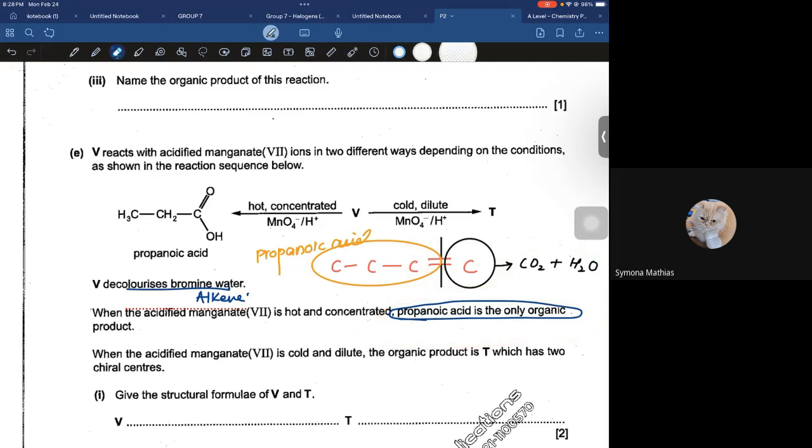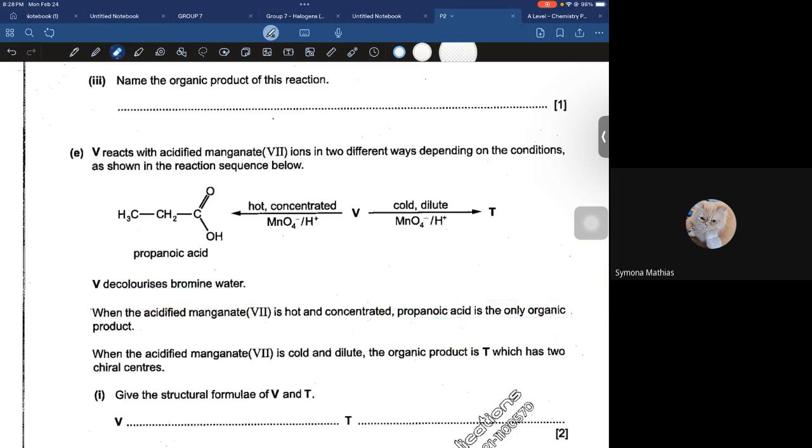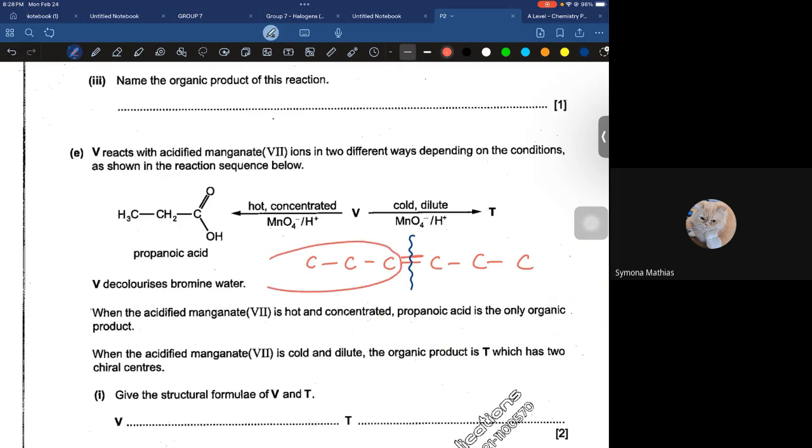So according to this condition, I am supposed to draw this structure. See this: 1, 2, 3, 4, 5, 6. I am going to write the double bond over there. If you oxidize this with hot KMnO4, this portion would give propanoic acid, and this portion would also give propanoic acid.